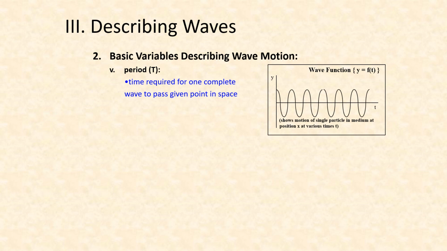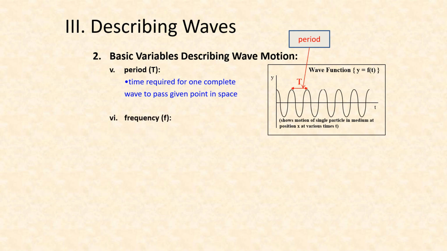The period would be the amount of time it would take between seeing one crest of a wave and seeing the next successive crest. So the amount of time for one complete wave to pass by your eye. So in our graph here, this horizontal distance is really a measure of time because we have time plotted on our horizontal axis.